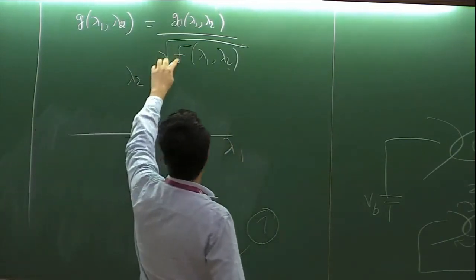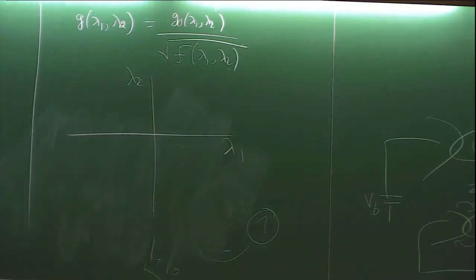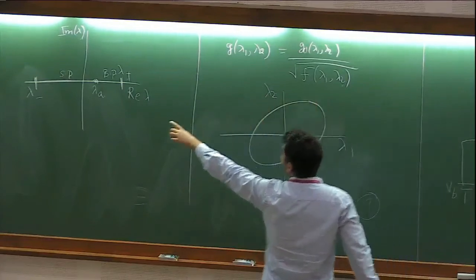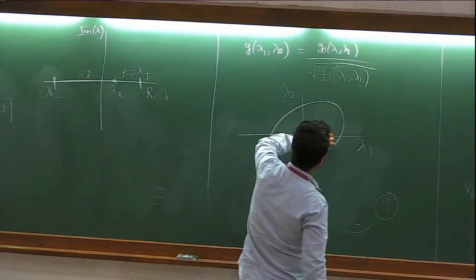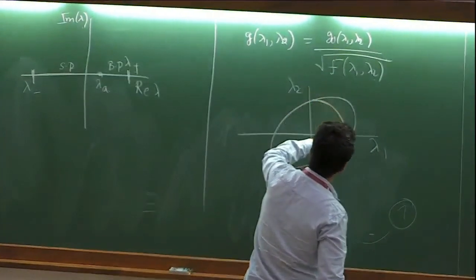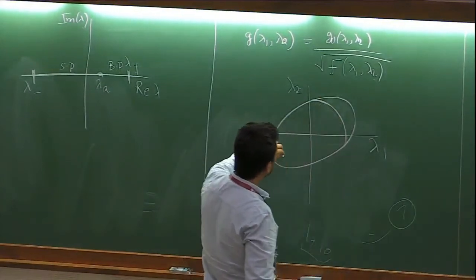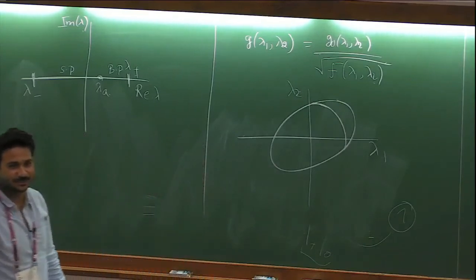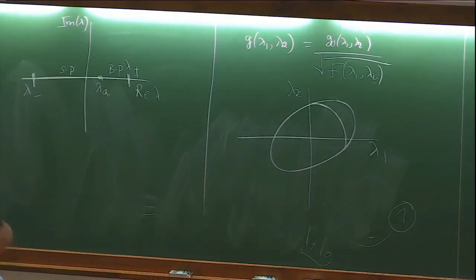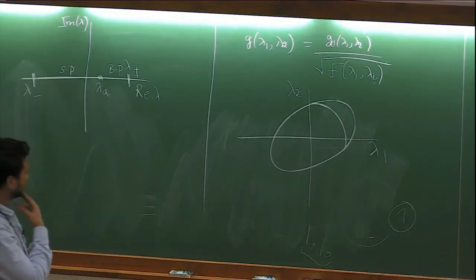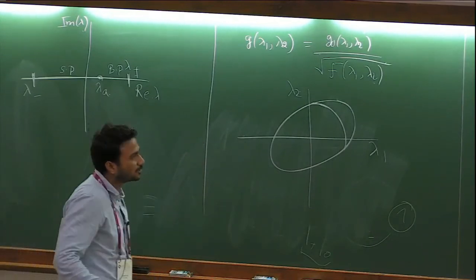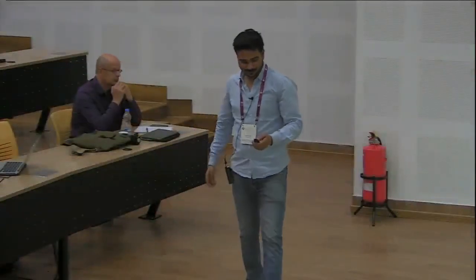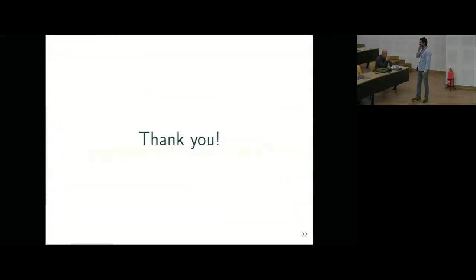The region, earlier on the real line, now becomes like an ellipse. Earlier it was a branch point, now it's a branch contour. The saddle point moves from here to here. How to calculate this is not clear to me, or to us. This is an open question for us. This is all. Thank you.